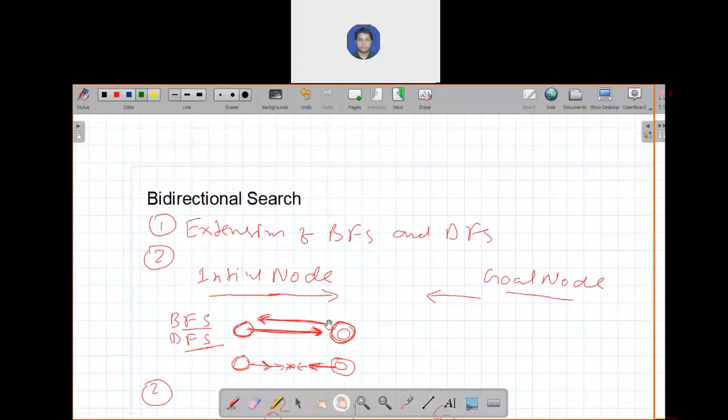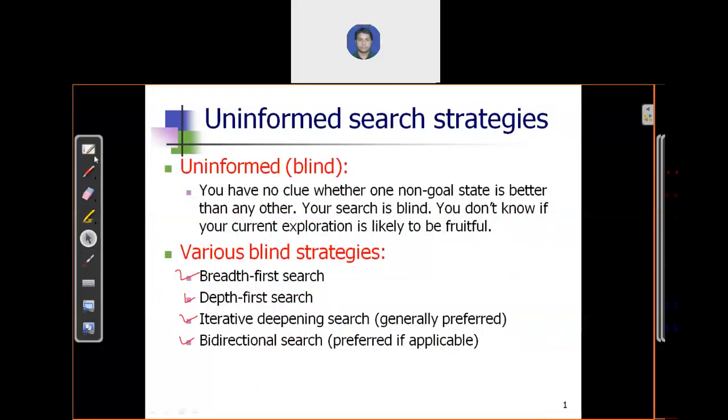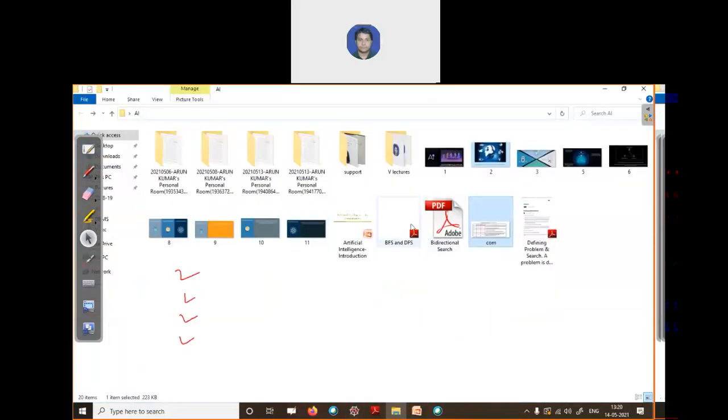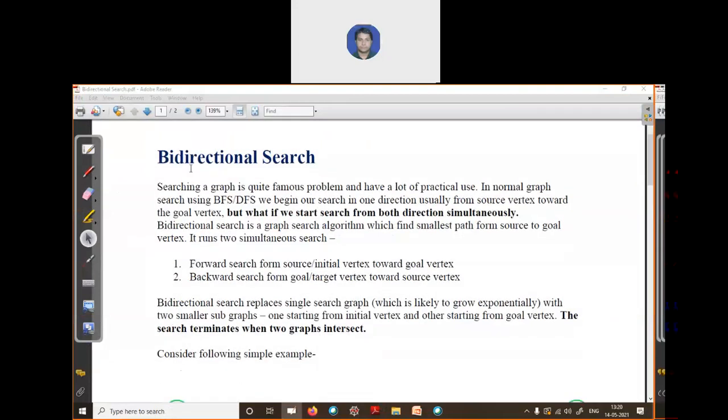Okay, now let's go back to our PPT and see bidirectional search. I'm reading out what I've written about bidirectional search.